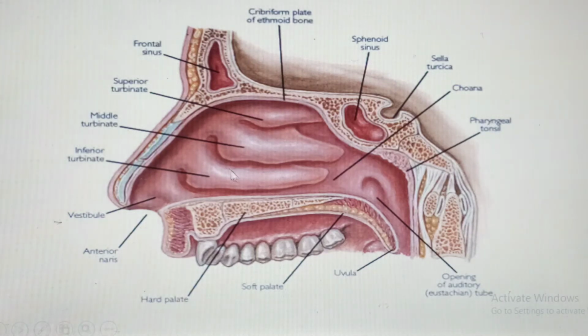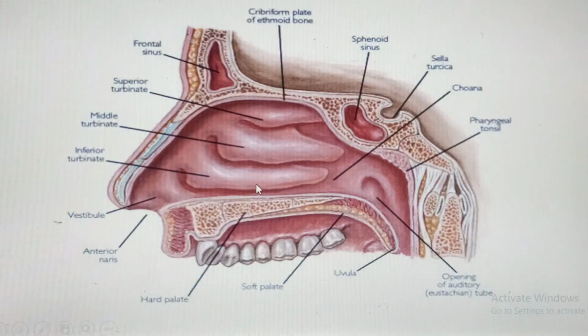But the lower portion will have respiratory epithelium, so that it can help condition the air, removing particulate matter and all that. So I said that in the living they will be covered by mucous membrane. This one will have olfactory mucosa, and this area will have the respiratory mucosa.